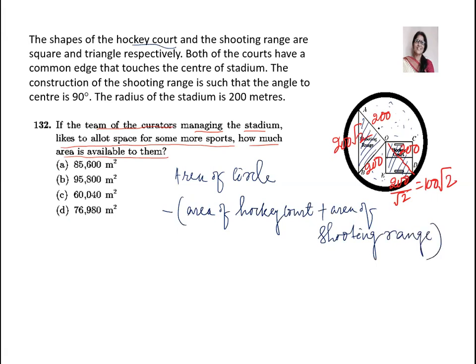How much area will be left for other sports? So it will be the area of the circle minus the area of these two fields.